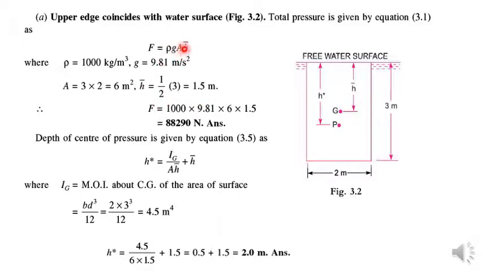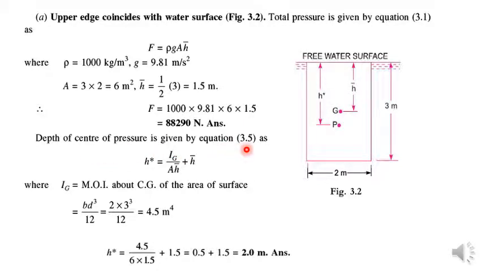Now all four parameters are known, so you can calculate the total pressure on this plane surface by inputting the values in the equation. Here you get 88290 newtons as the total pressure force exerting on this vertical plane surface.